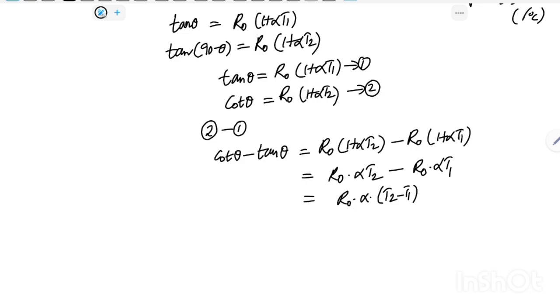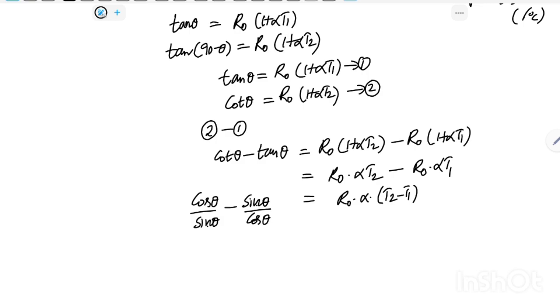Okay, now what is cot theta minus tan theta? Let us find that. Cot theta can be written as cos theta by sin theta minus tan theta, which can be written as sin theta by cos theta.